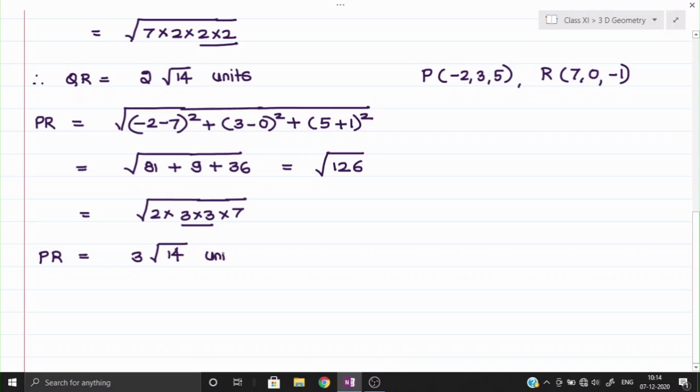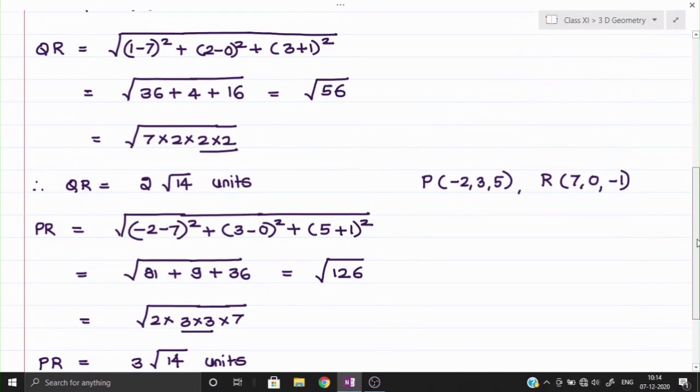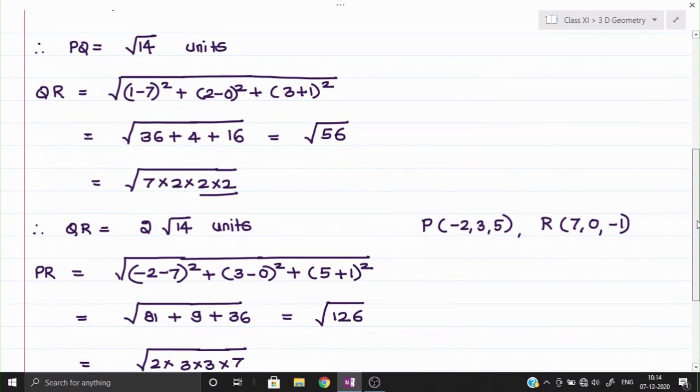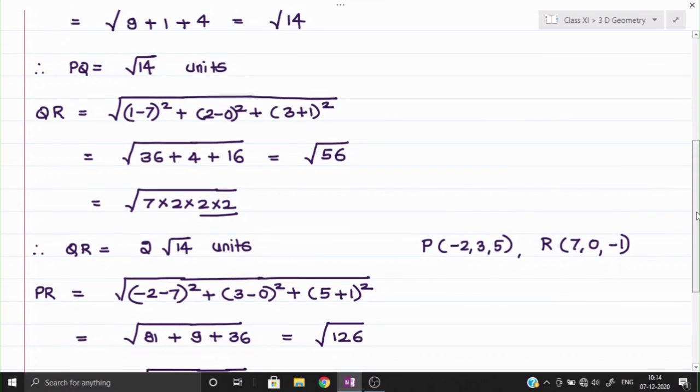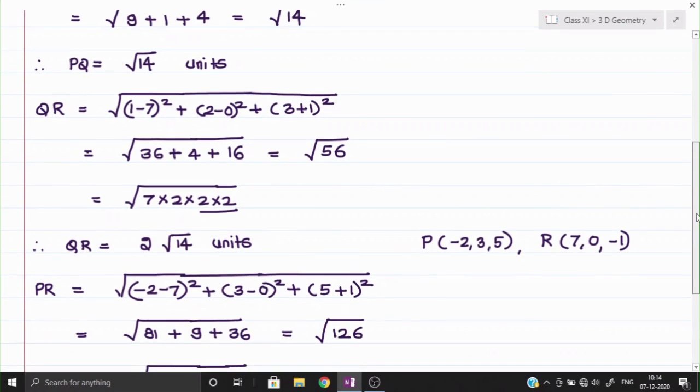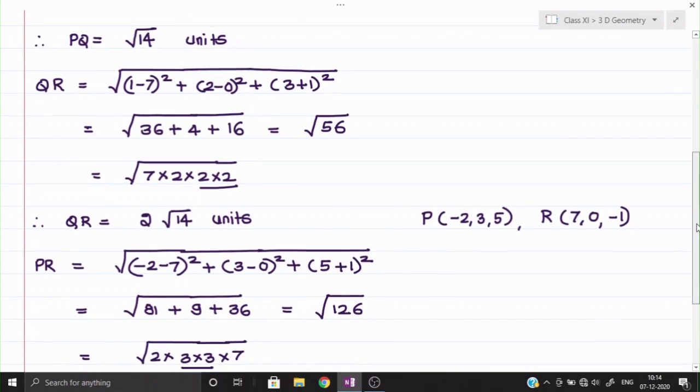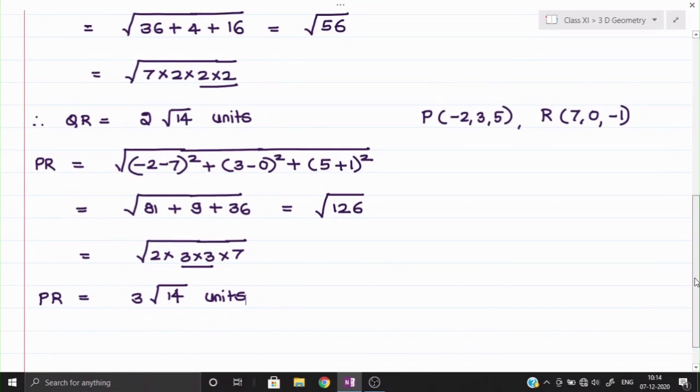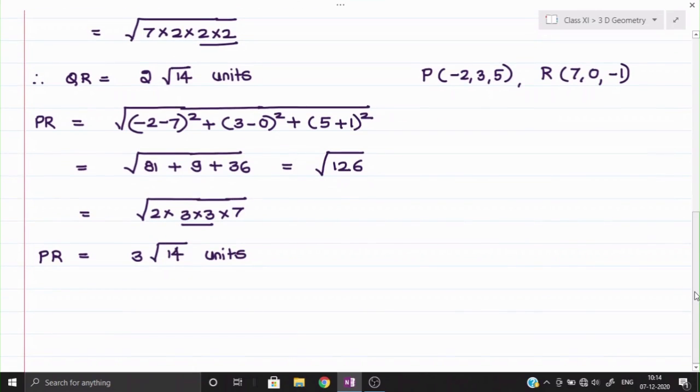Now you see, if I add PQ and QR, observe, PQ and QR if I add, so 2 under root of 14 and 1 under root of 14 will be equal to 3 under root of 14, which means that will be equal to PR. So we can say that the sum of the two will be equal to the third one.